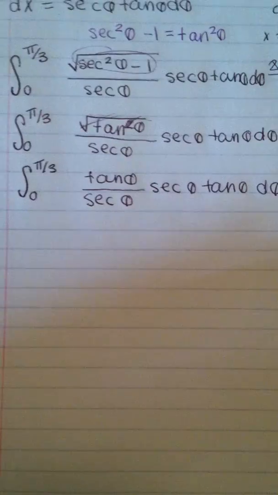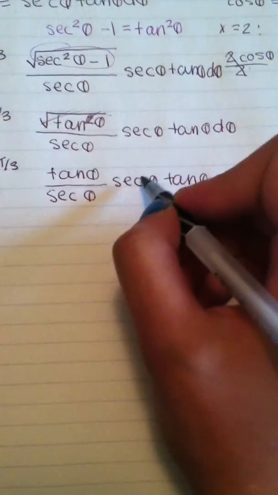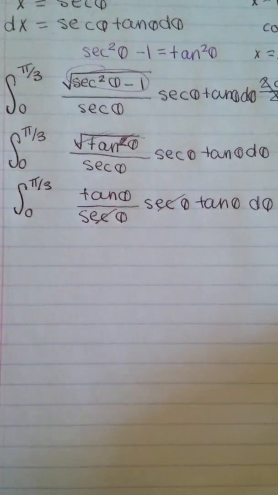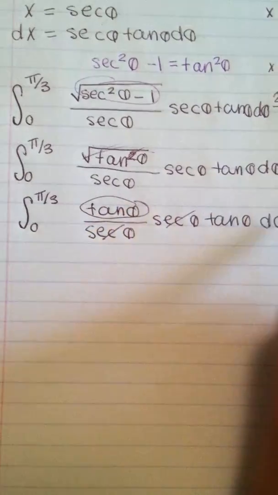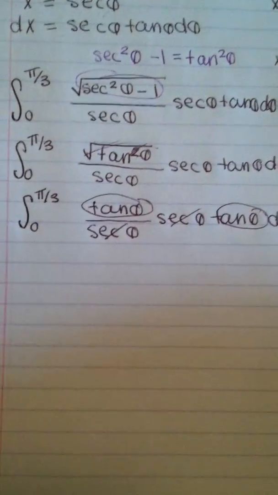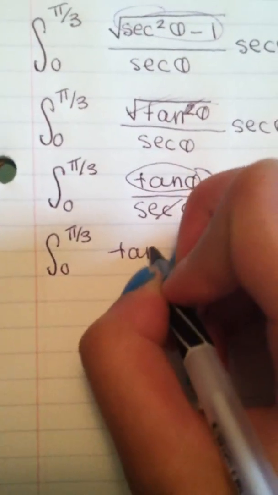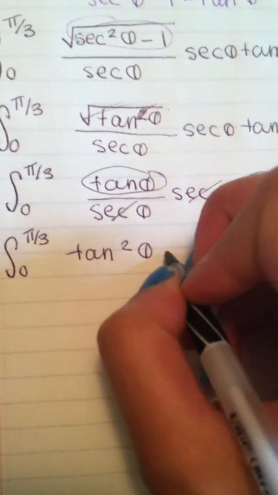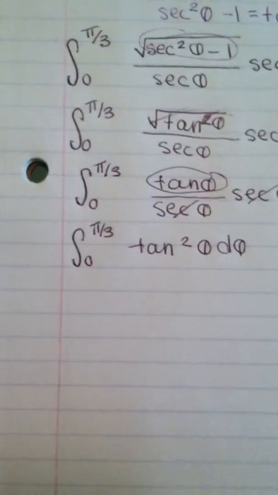Now if we look at this, we can cancel out the secants, and then tangent theta multiplied by tangent theta d theta would give you the integral from 0 to pi over 3 of tangent squared theta d theta.